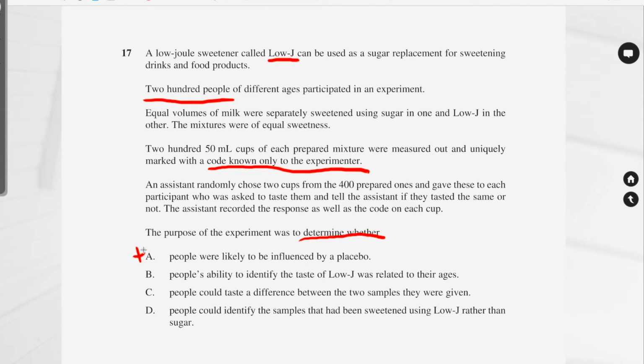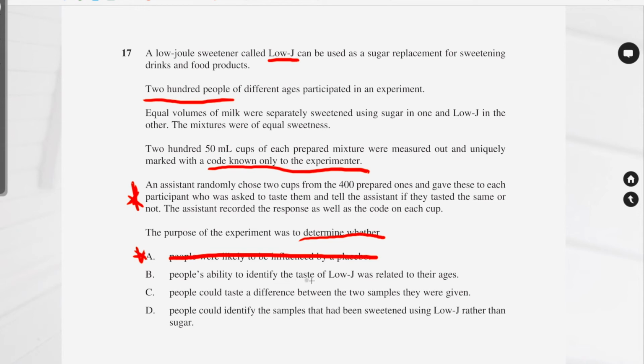Now, what we've got here, you say, well, that's a possibility. However, they were both given the 2 cups and the assistant had no idea. So the assistant didn't know which one was the placebo and which one was the non-placebo. So in that case here, people couldn't be influenced by whether there was a placebo or not. So in this case here, we can get rid of A.